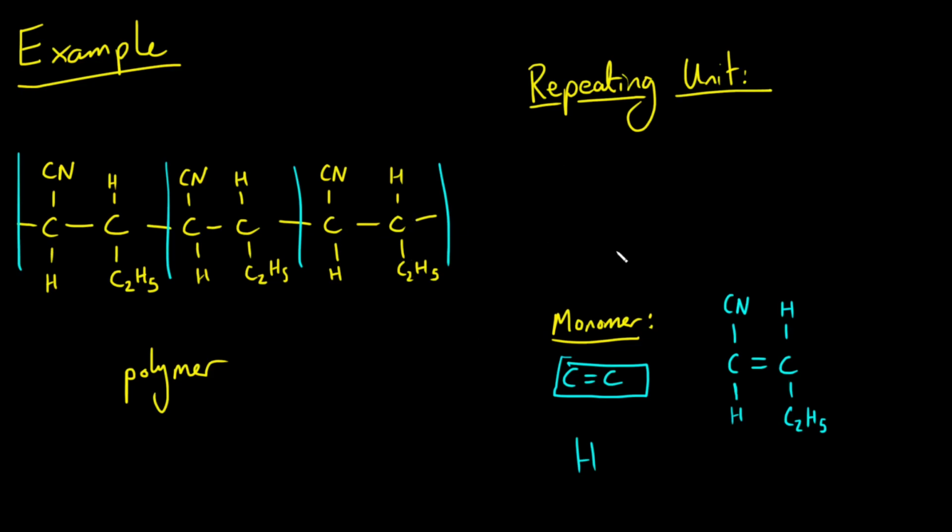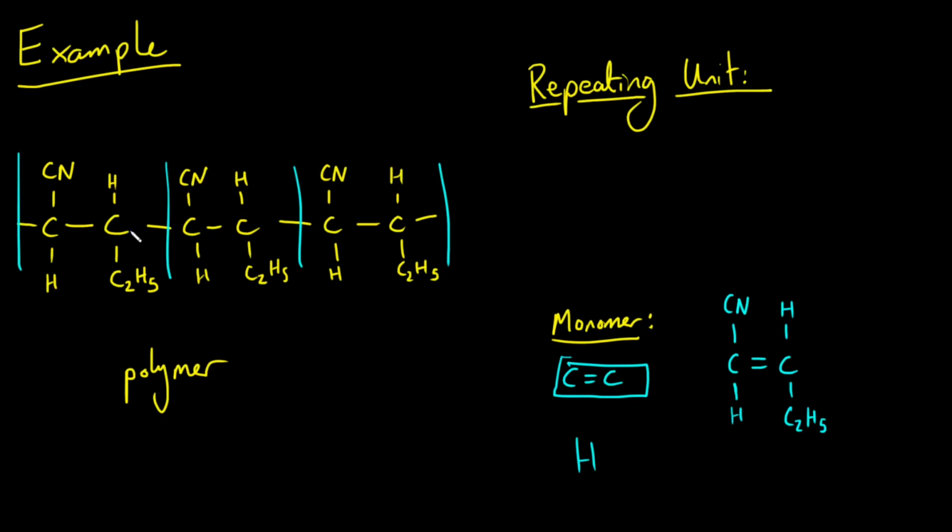The repeating unit is different from the monomer. The monomer contains a carbon-to-carbon double bond. The repeating unit is more just asking you to look at this polymer and write down exactly what is being repeated each time. And we've kind of already done this, and you can see it now by putting in these lines across our polymer.